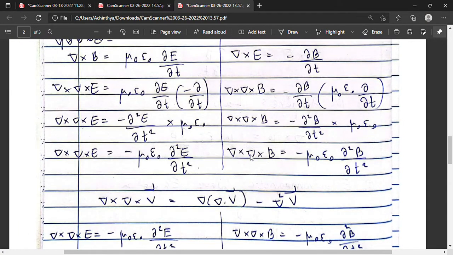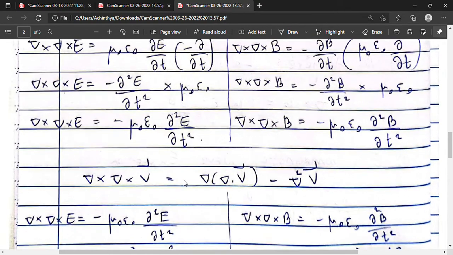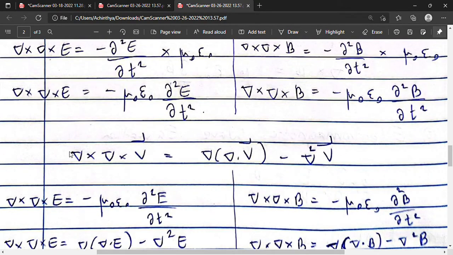Now, if we want to simplify this further, we have this very neat identity in vector calculus in which the curl of the curl of a vector field is equivalent to the gradient of the divergence of said vector field minus the vector Laplacian of said vector field.